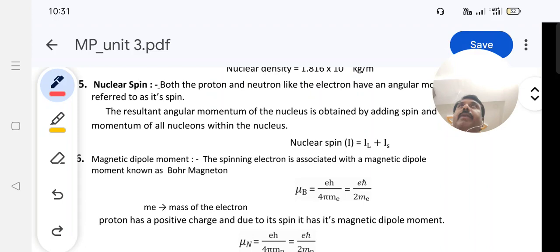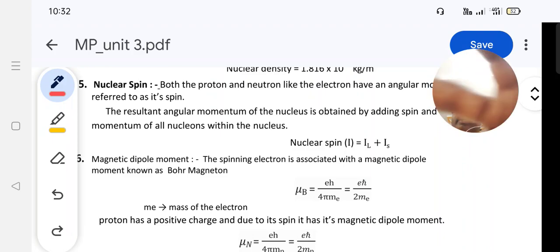The nuclear spin is generally represented by the capital letter I. Hence, nuclear spin I is given by the sum of angular momentum, that is IL, and spin momentum, that is IS.